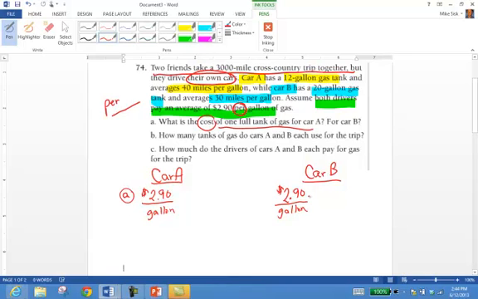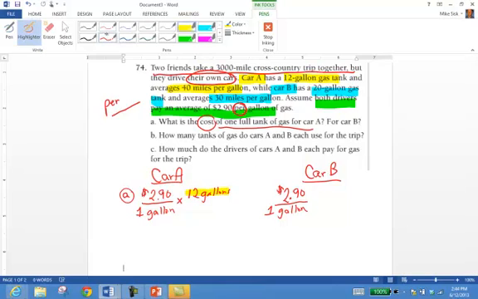Now, I want to know the cost of this, so if it's $2.90 per gallon, then I can put 1 there. Car A, if you recall, has 12 gallons in the gas tank, so I'm going to put down 12 gallons. There's the yellow right there.